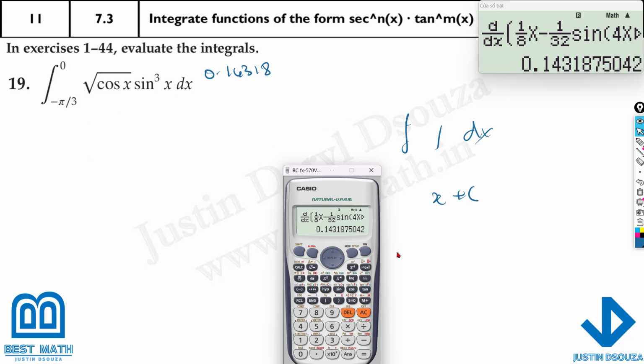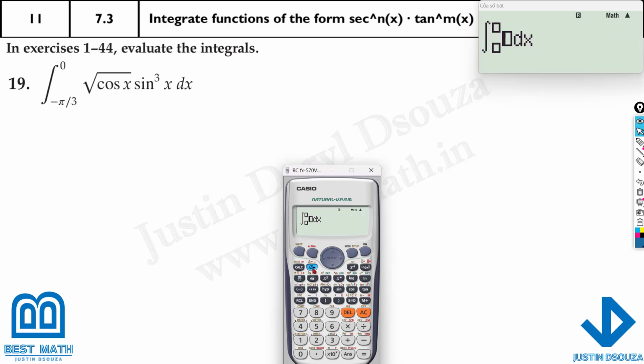Similarly, this one will be very simple and easy because it's a definite integral. All you do is press square root, cosine x, close the bracket, go next and now press multiplication because you need to go outside the square root. And now sine, sorry, this is only sine x, close the bracket, and then raise it to the power 3.